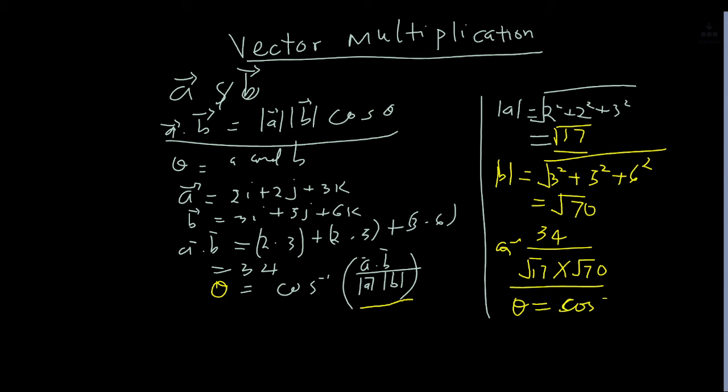Theta is the cos inverse of 0.9856, and when you find the cos inverse of 0.9856, you get theta as 9.73 degrees. So this is just a simple method of how to multiply vectors using the dot product.